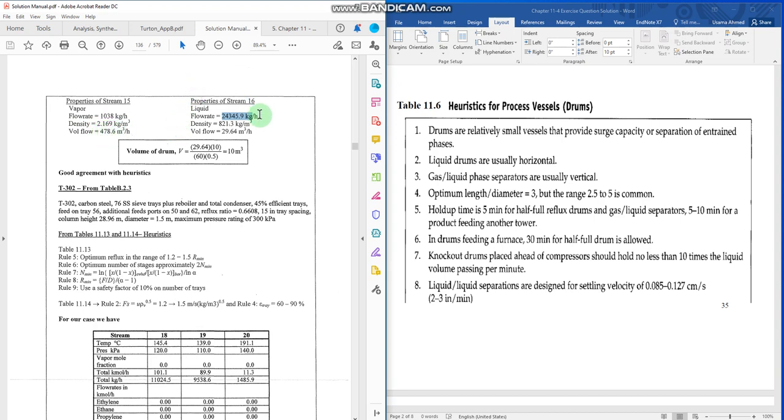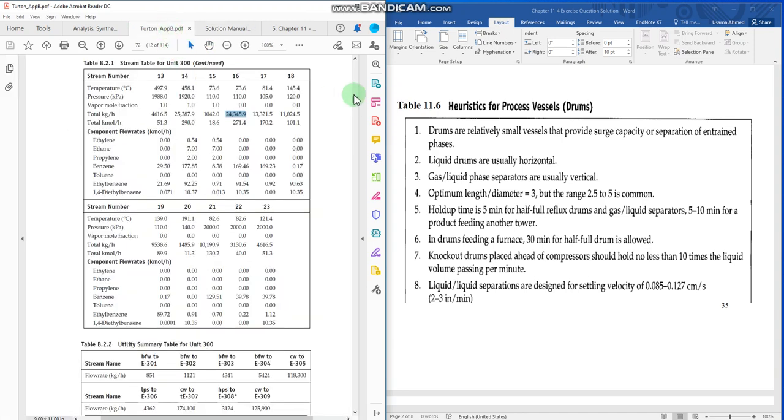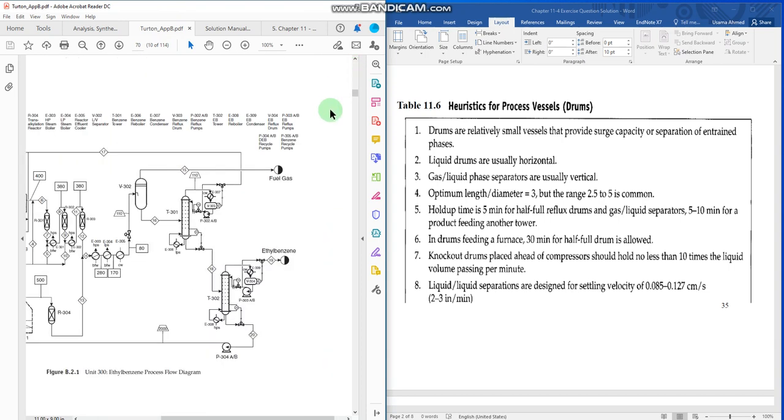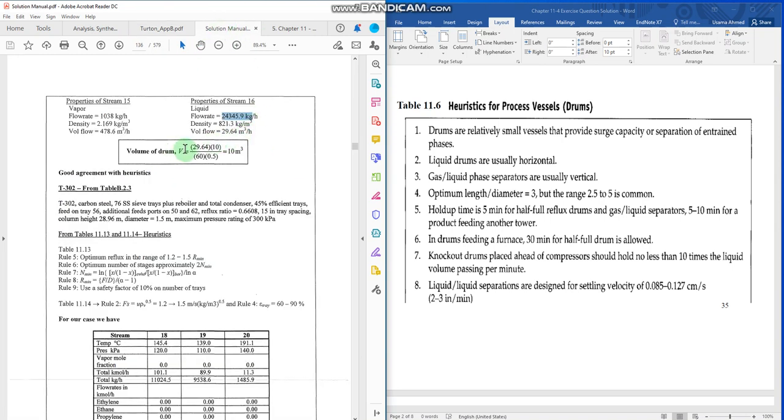Now, the important thing here is that stream number 16 is getting connected with the next column, like in this example, the next tower. So we have to use the information of stream number 16 to calculate the liquid holdup required within this vessel. Now, how can you calculate the total volume of the vessel?